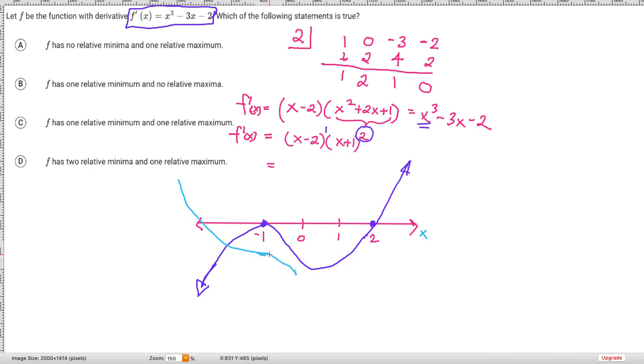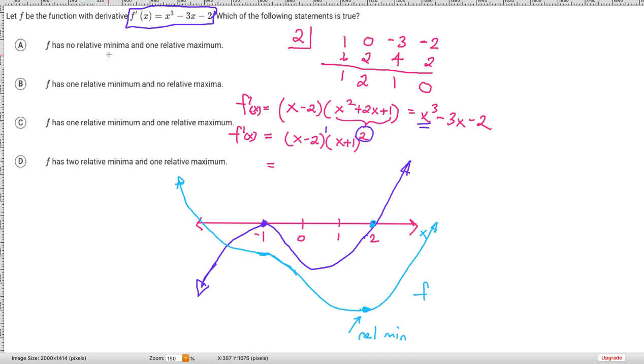So it flattens out at -1, but then it keeps decreasing, decreasing, decreasing, until right here at 0 again, it flattens out and then it begins to increase. And this light blue one is a graph for f. And I have this point right here as my only relative minimum. My relative min. And that's it.